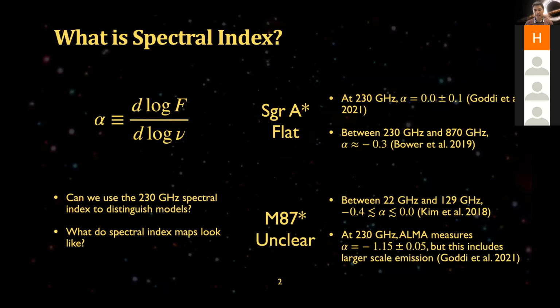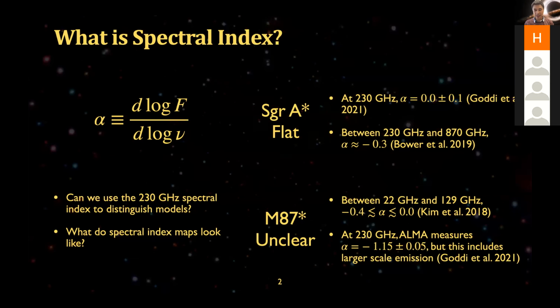There are some measurements at longer wavelengths from the Korean VLBI Network that are somewhat confused as well due to differences in the UV coverage as a function of frequency. And then there's also this measurement from ALMA only, but this includes the larger scale emission. So for M87, I would say anything between -1.2 and 0 would be okay until we process event horizon scale resolved spectral index maps.